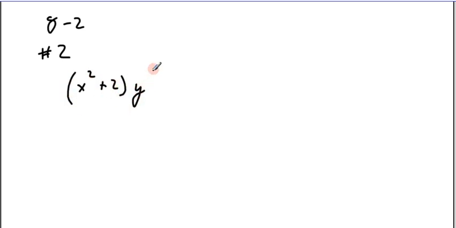Okay, we're in the 8-2 section of the book, and we're doing problem number 2. These problems look extremely like the section 8-1 problems. So I've got (x^2 + 2) y'' + 4x y' + 2y = 0.